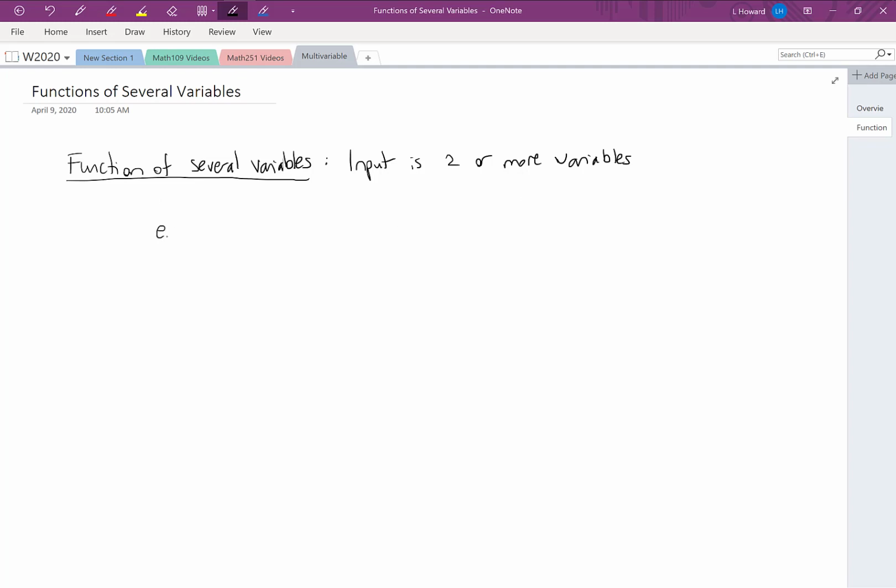So if we were to write down some typical examples of functions of several variables, we could write f of x, y. So that's just indicating that the input is two different variables. And then we could give the formula for what f looks like. So we could say f of x, y is x squared plus y squared. An equivalent way to write this, we might sometimes just write f instead of specifying how many input variables we've got.